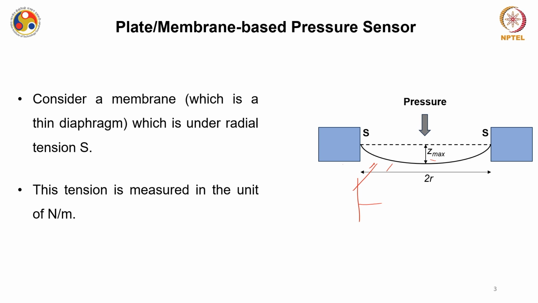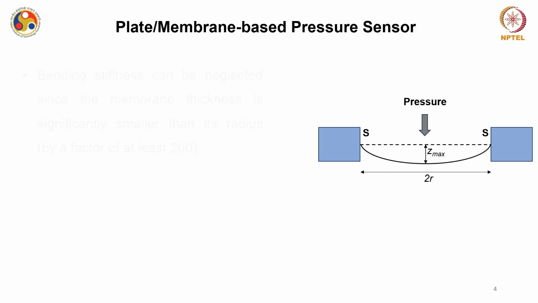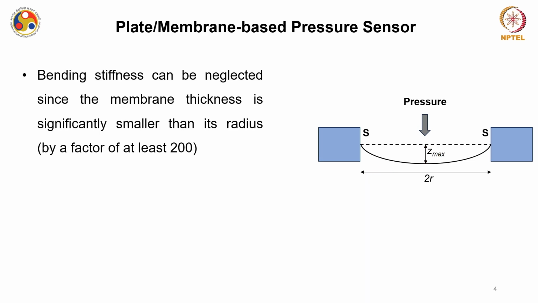We will use this S in the derivation of some equations, where the relationship between Z max and the applied pressure will be established. Please note that the unit of the tension is Newton per meter, and accordingly you can understand that you are applying the force per meter. That is basically the tension we are talking about in such a thin film or diaphragm case.